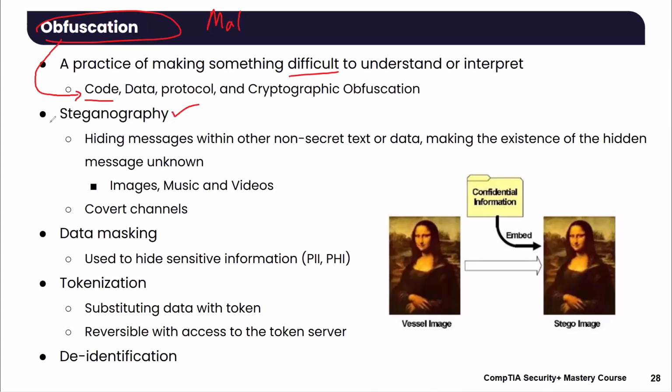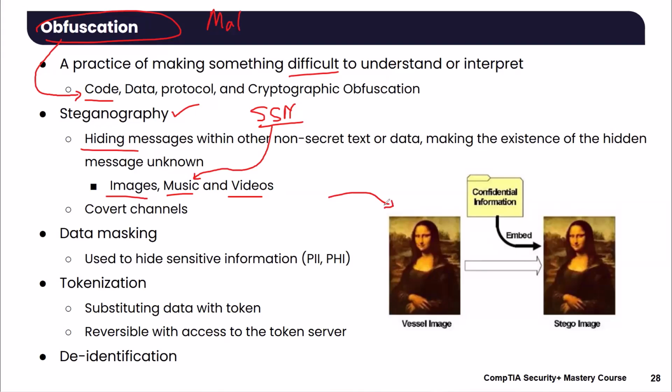Steganography is a form of obfuscation. It's when we're hiding messages in other things. Your question is, what other things? Well, images, music, videos. You can take a bunch of social security numbers and embed them into music or images, and then send that image to whoever you want.